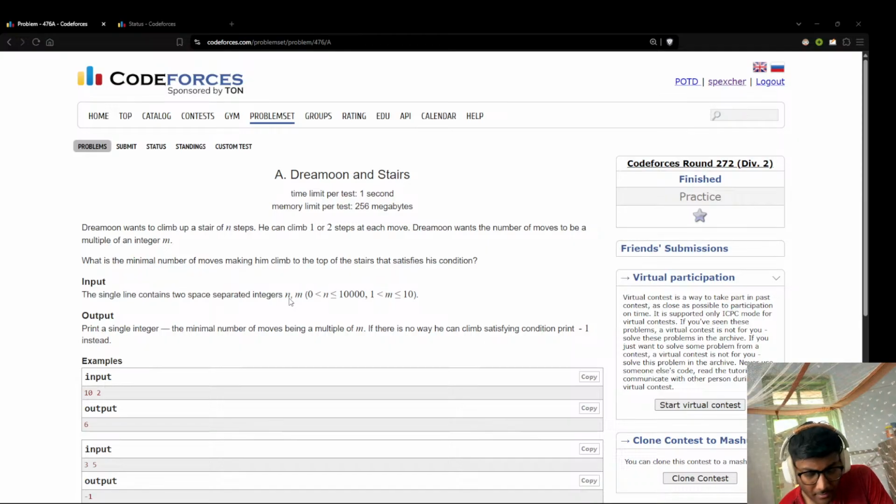Okay, so n is 3 and m is 2. What will be dp of 1 comma 0? It will be how to climb one step such that 1 modulo 2 equals 0, which is impossible.